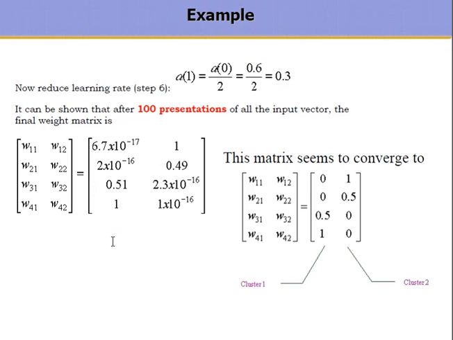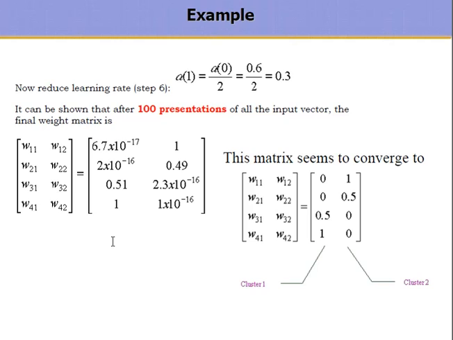Now once we have computed all these things for all the training patterns, the next thing is that we need to reduce our learning rate, right? You remember that we have defined an equation through which we will be reducing our learning rate. For this specific example, we are reducing our learning rate by 50%.